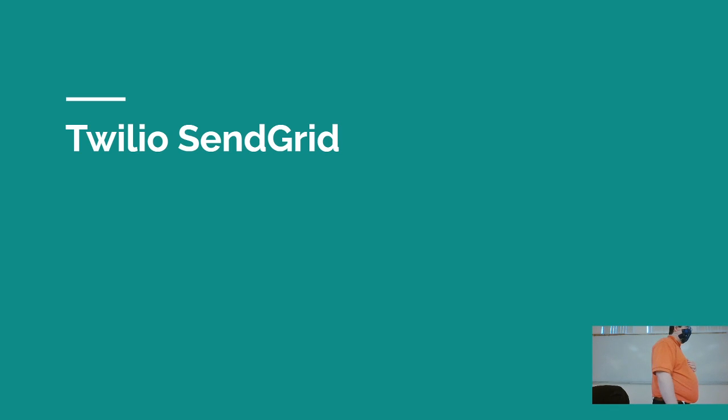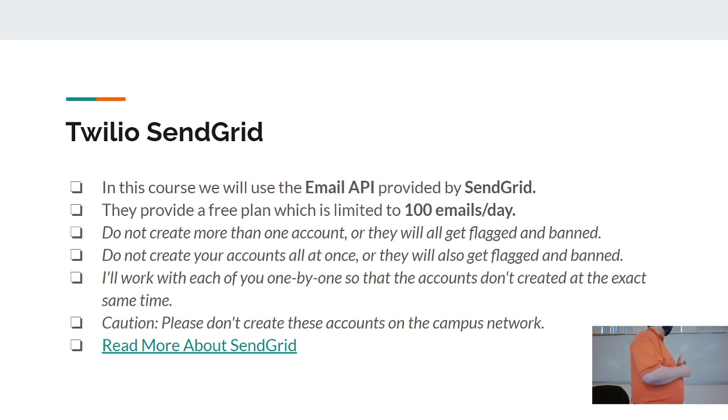So the thing that we'll be using here is something called SendGrid, which is provided by Twilio. And I forget what else Twilio provides, but they're a pretty well-known company, pretty well established. There's actually a lot of companies using the SendGrid API at the moment.